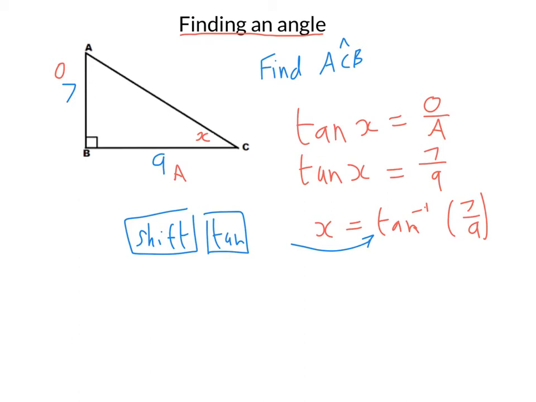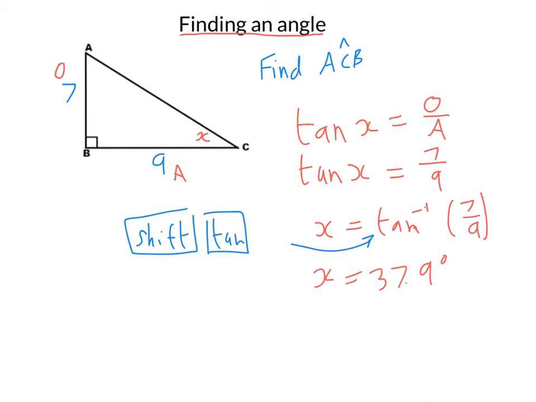Once you've pressed that, you put in 7/9, and it'll give you your answer. So X is equal to 37.9 degrees to 3 significant figures.